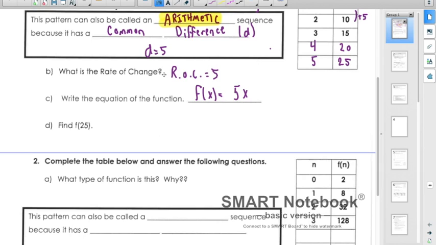Now, find f of 25. Remember how we do this. If it's asking me to find f of 25, it's really just saying substitute whatever this number is for my x value. Right? I'm replacing x with 25. So it's going to be 5 times 25. If I get that, I will get 125.